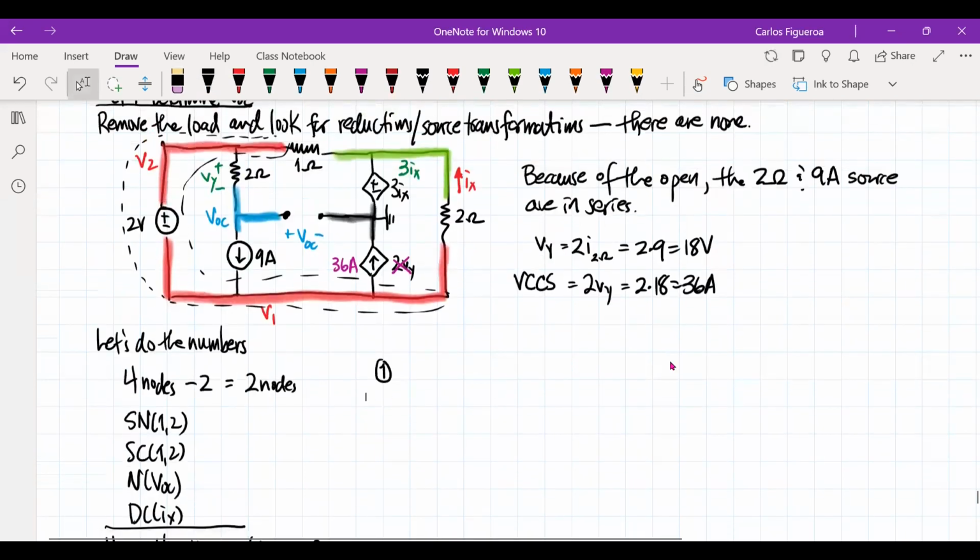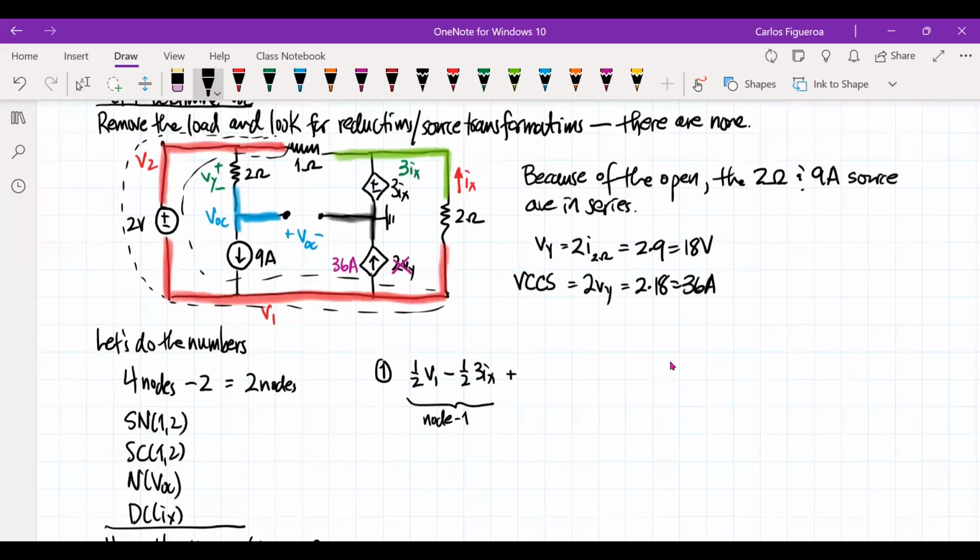So my supernode, you could see here, I'm going to start with V1. I have 1 resistor connected to it. And you could see here that that's going to be 1/2 V1. And that too is connected to the 3IX. So this will be 1/2 3IX. This is node 1.